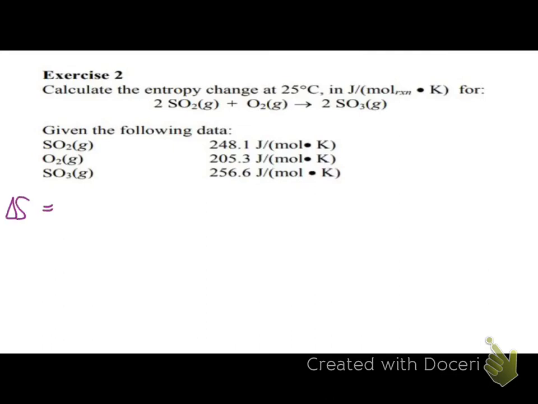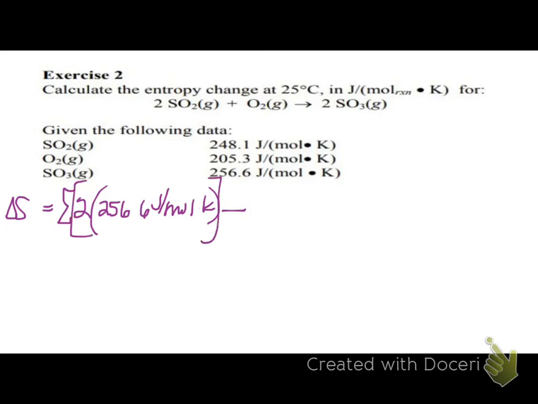We're going to say 2 times, what is SO3? 256.6 joules per mole K, minus, so that goes all together.